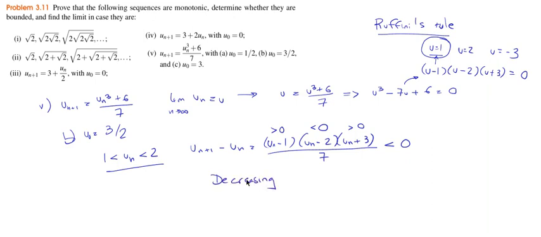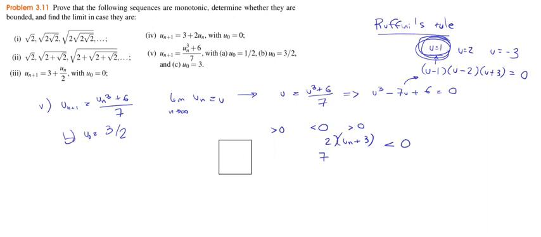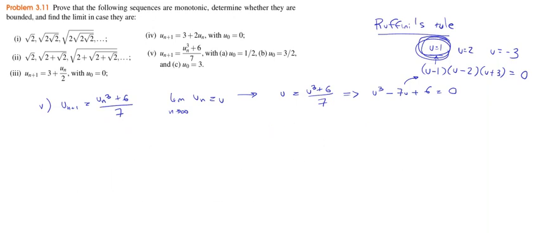So it's a decreasing sequence starting at 3/2. It goes down all the way to 1. So again, the limit is 1. And now let's do the last one. So c: u sub 0 is 3. In this case, it looks like the sequence is going to be different.